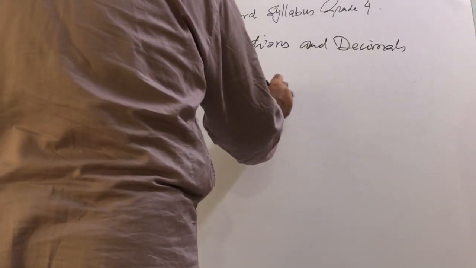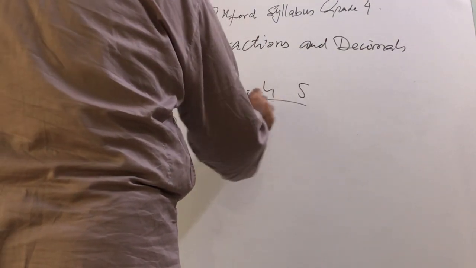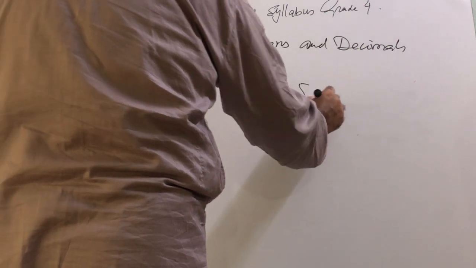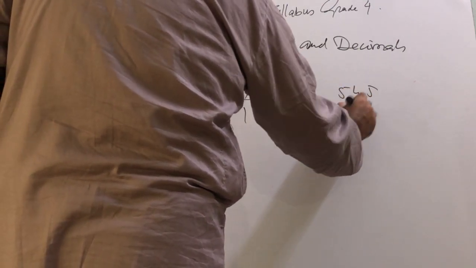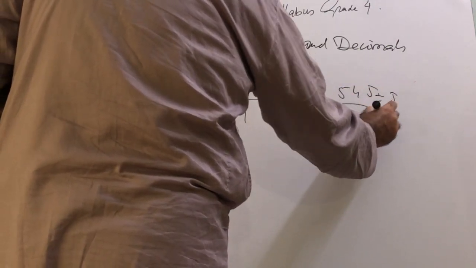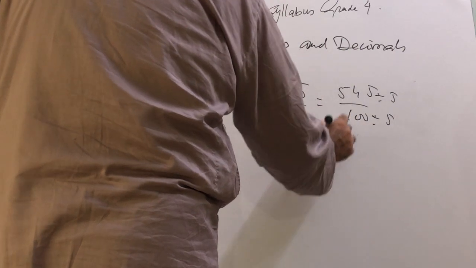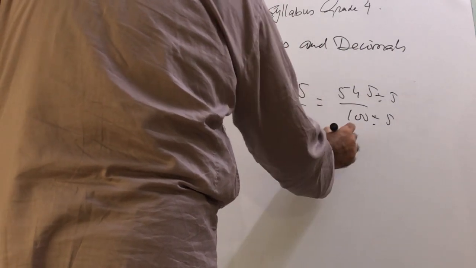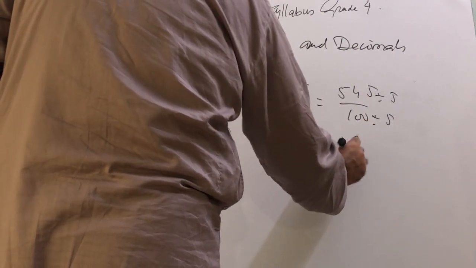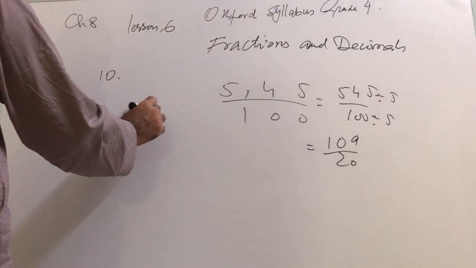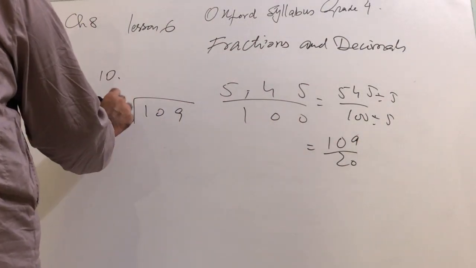5.45, just remove this point, put 1, 2 zeros, it is 545 over 100, divided by 5, divided by 5. It becomes 109 over 20. So 109 will be divided with 20.